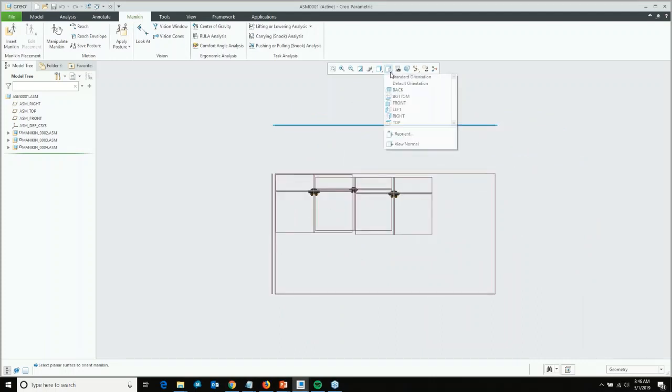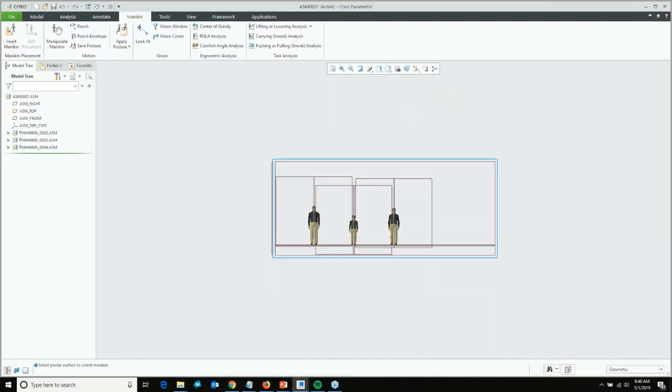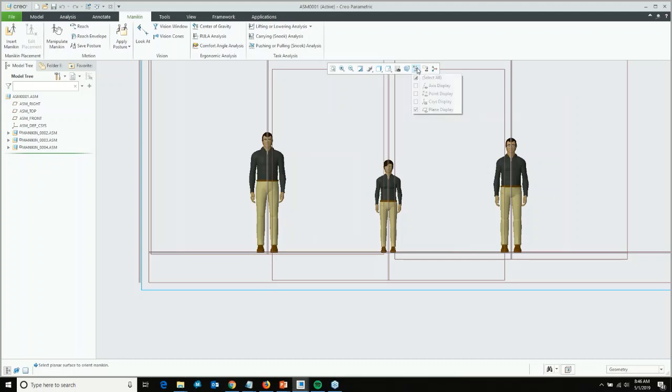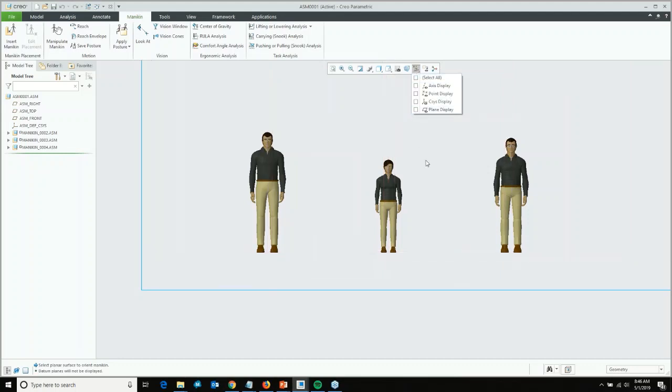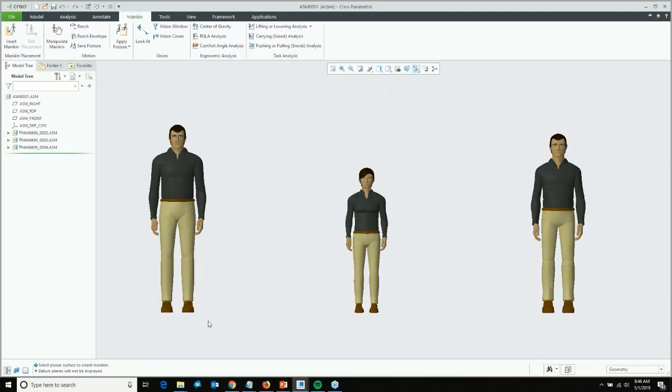If we're looking at these head on, you'll notice that clearly there is a wide range of body size and shape, in terms of height, for example, and also in terms of population based on region of the world.